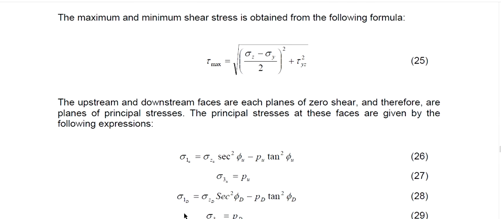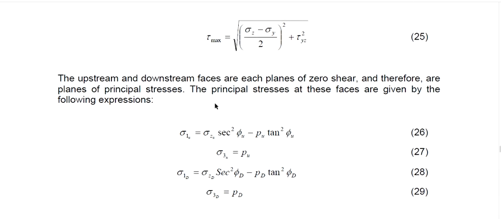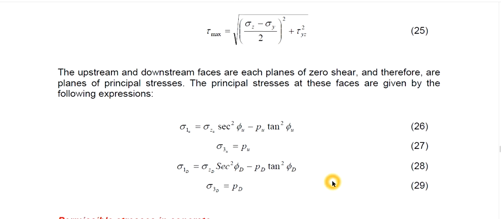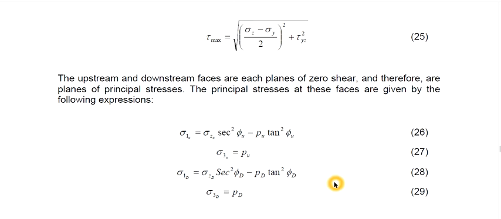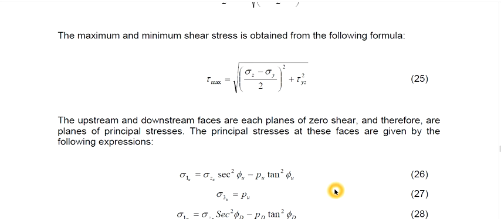Similarly, here we are using subscript u for upstream faces and subscript d for downstream faces, and the rest of the formula is the same. So these are the maximum principal stress, minimum principal stress, maximum shear stress, and minimum shear stress, and their applications on the concrete gravity dam we have studied so far.